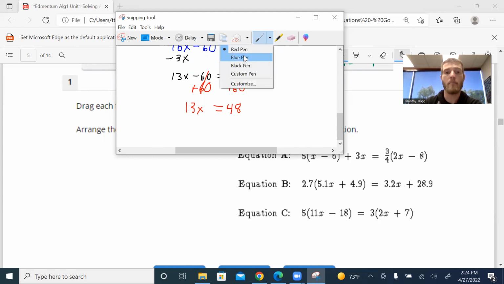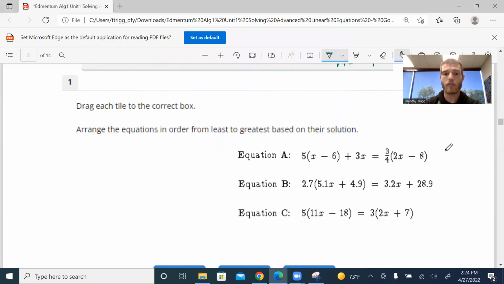We have to divide both sides by 13, giving us that x equals, here we could write it as a decimal, I think makes the most sense. This gives us 3.69. Okay, so this first one gives us that x is 3.69.